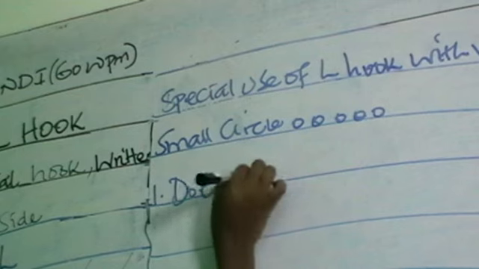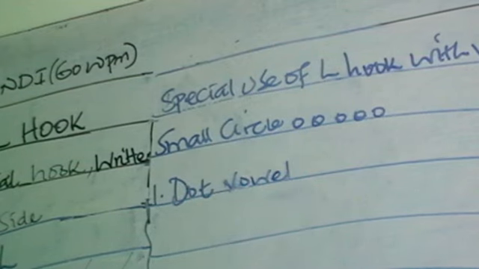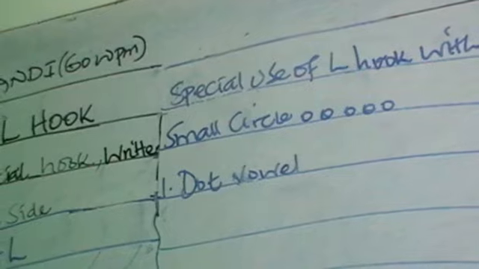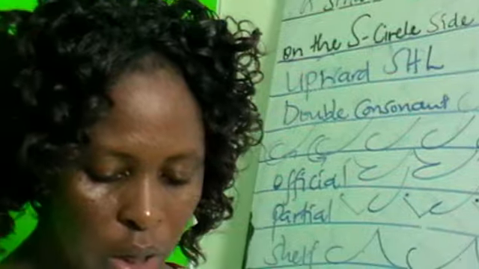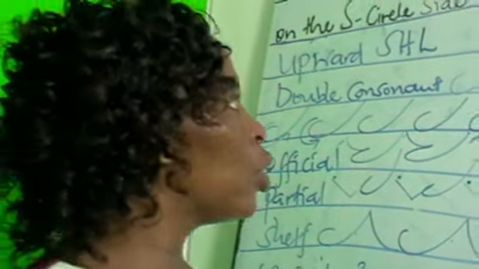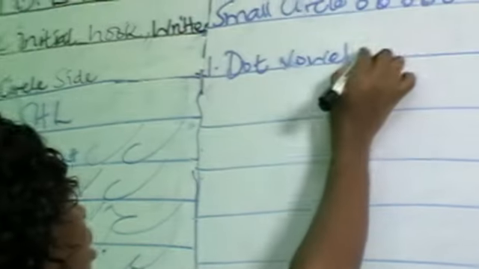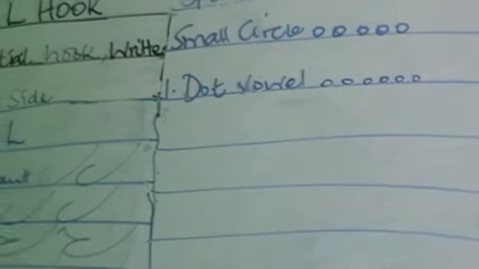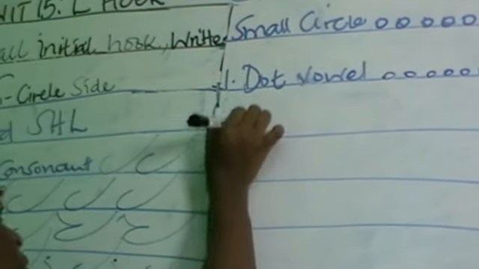This is where a dot vowel may be replaced by writing a small circle before and after the stroke hooked for L. So a small S circle will be used to represent a dot vowel. For example, we have the word challenge.